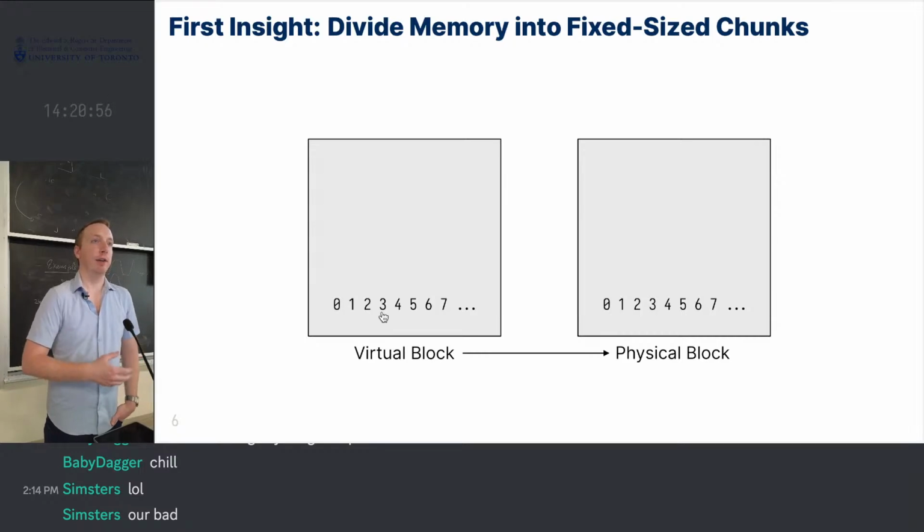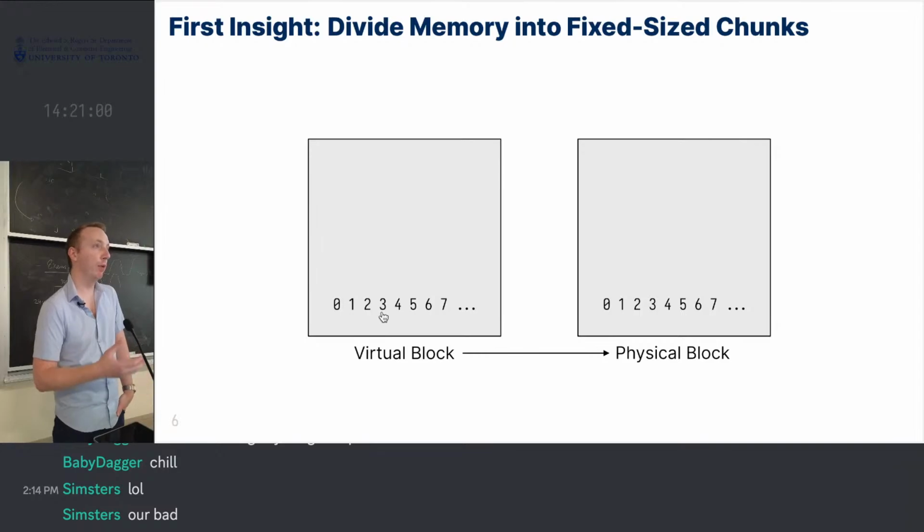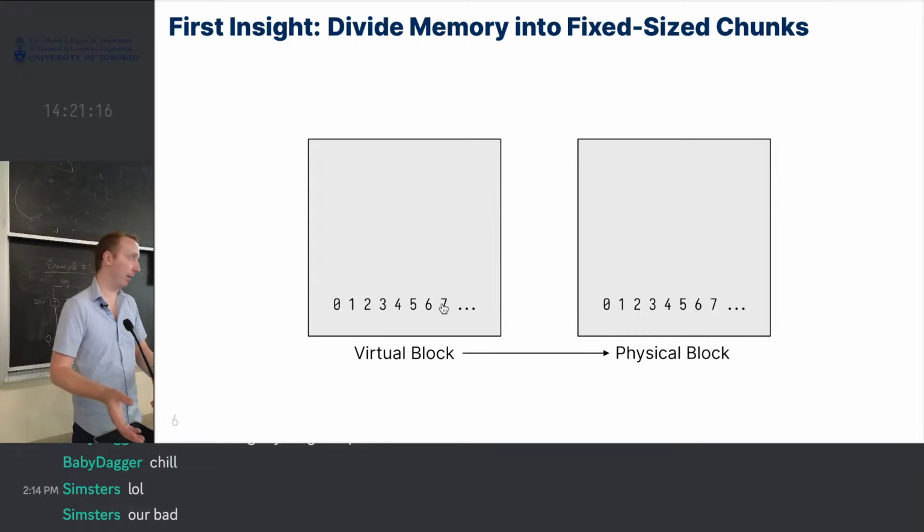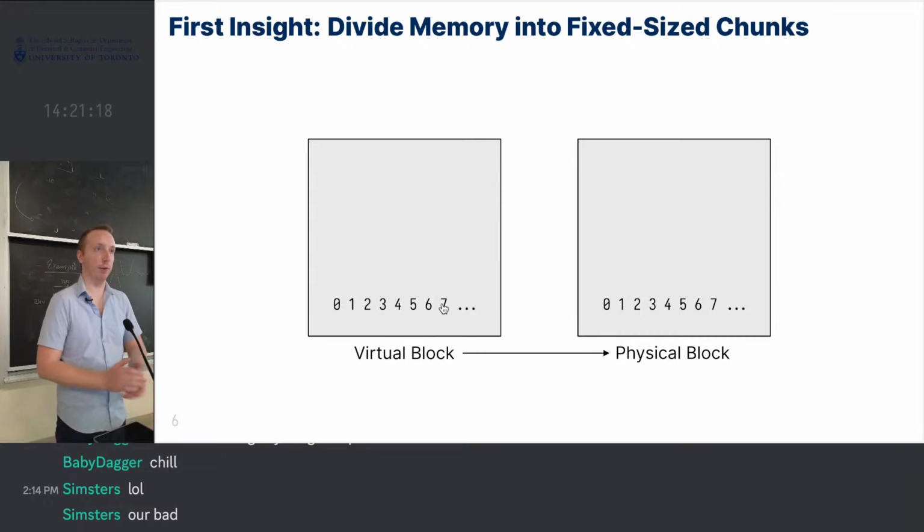Well, I could have the same idea where I don't have to translate how far into a block I go, I just translate block to block. So I could take my virtual block and then map it to a physical block, and then if I'm accessing byte 7, it's the same on both. All I have to do is essentially translate the base address, and that's all I have to do.